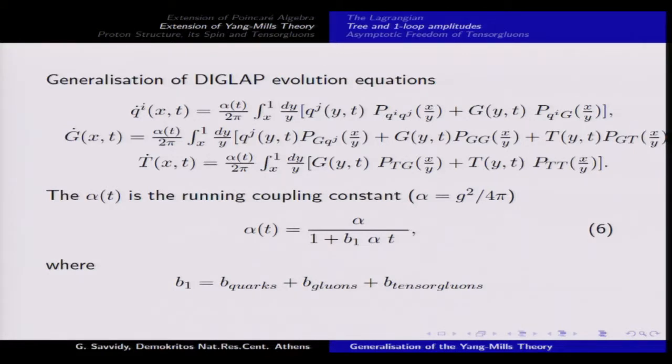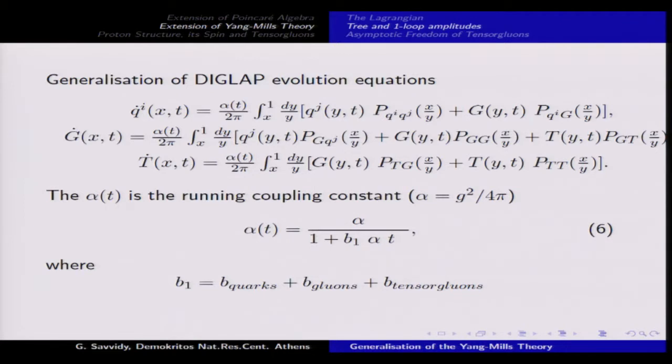This is the change of the quark density as a function of transfer momentum q squared, where t is actually the logarithm of q squared. And you see that this is the standard formula which exists in the DGLAP equation. These two terms are also there, but we have additional terms when the tensor can decay into a gluon and a tensor.